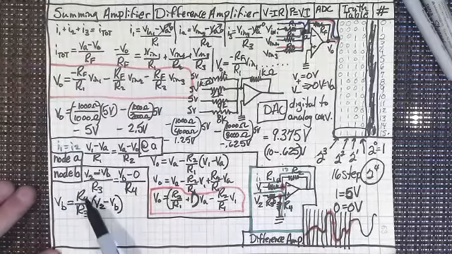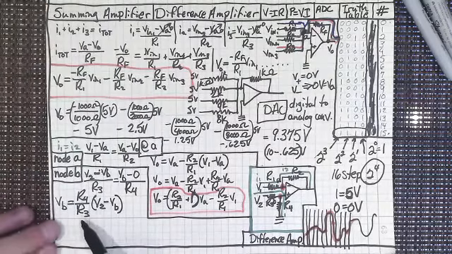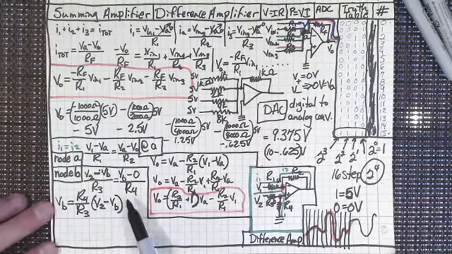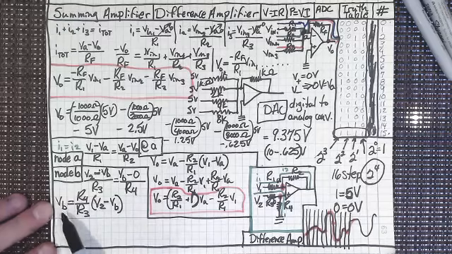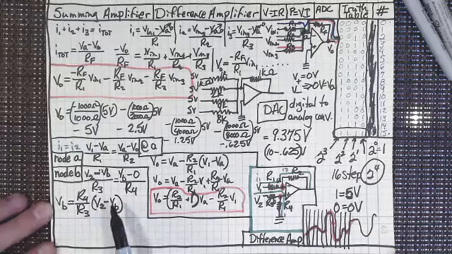If I take the R4 over R3 times the minus V sub B and bring that over to the other side, that's V sub B plus R4 over R3 times V sub B.